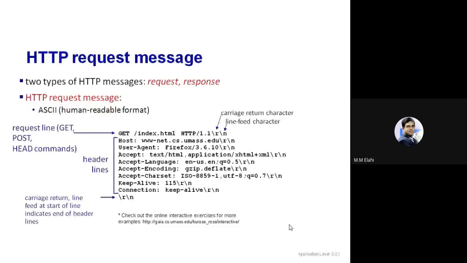So when you click Bangla, how does the server know that it is Bangla? The client must send the information. How? Using accept language. In this case, it is en-US, but it can be Bangla, it can be some other languages.